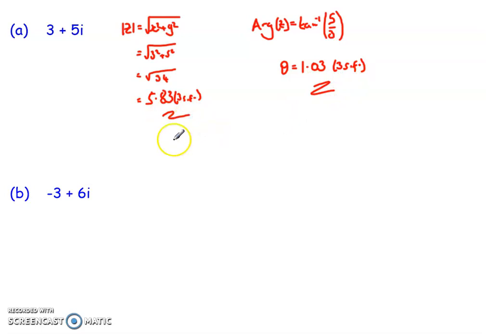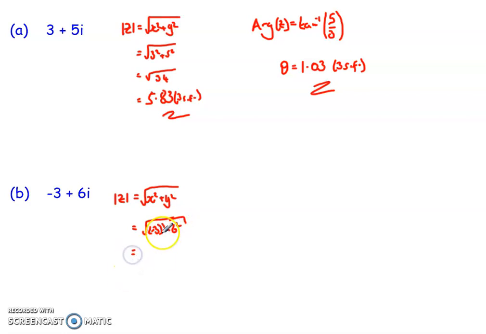Argument and modulus. Second one, again, I want the modulus and argument of this number here. Modulus of z, again given by the square root of x squared plus y squared, which in this case is the square root of negative 3 squared plus 6 squared.